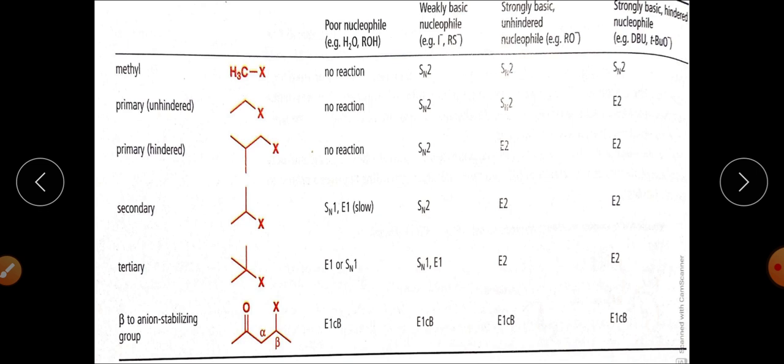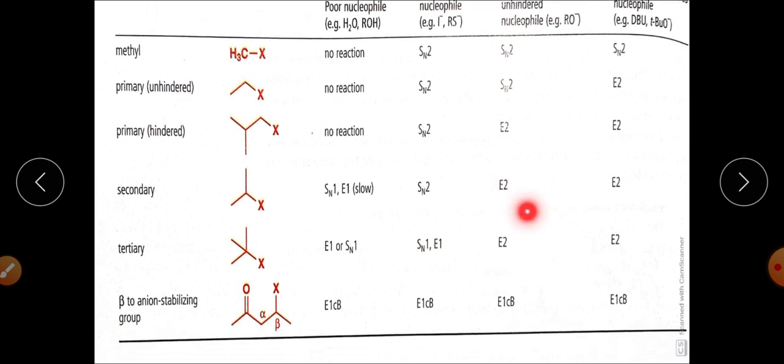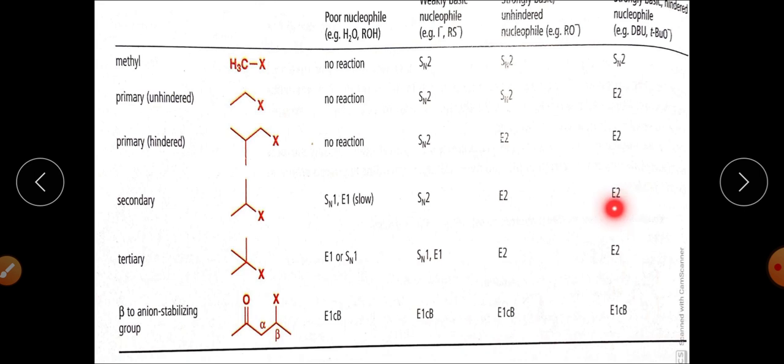When we are having secondary, you can clearly see, my dear student, that SN1 reaction will be favored in case of poor nucleophile. Here you are seeing that E1 reaction can also be favored, but that reaction will be slow in comparison to SN1 reaction. So here nucleophilic substitution unimolecular will be favored in comparison to E1. For the same substrate under weakly basic nucleophilic condition, the reaction will be SN2, and then for other two parameters it will be E2 and it will be E2.